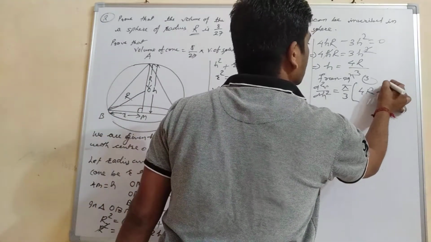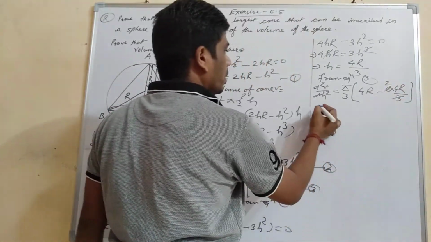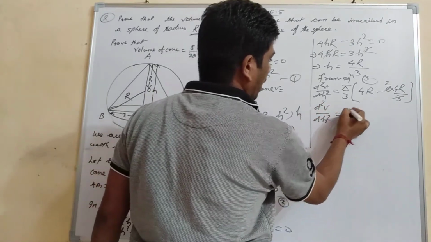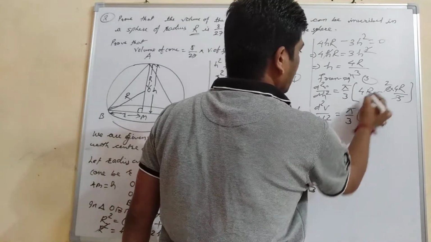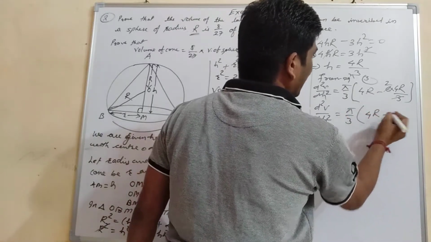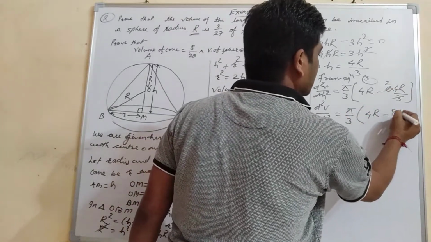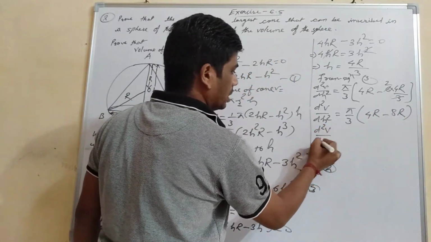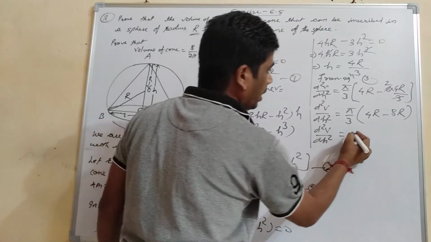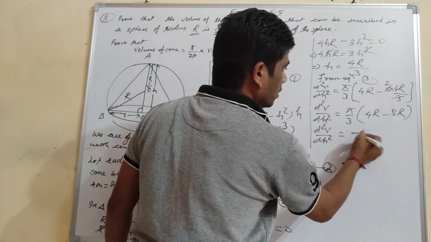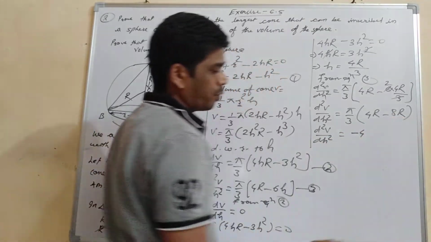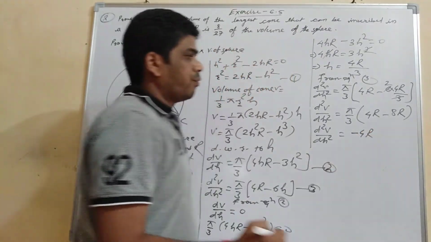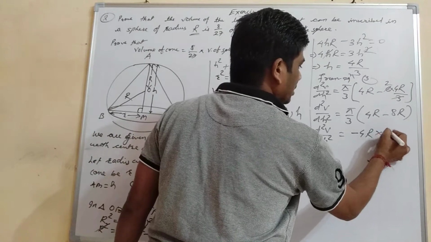So 3 into 6, which means we got d square V upon dh square equal to pi by 3, and this will be 4R minus 2 into 4R, which is 8R. So it will be negative, which means d square V upon dh square will be minus 4R into pi by 3.